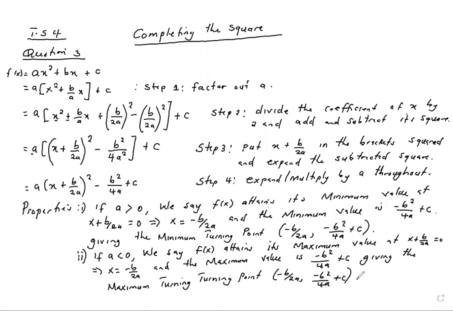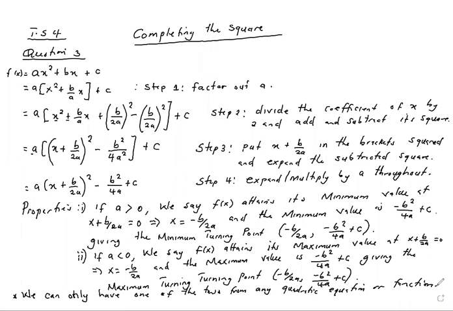So what does this mean? We can only have one of the two from any quadratic equation or function.